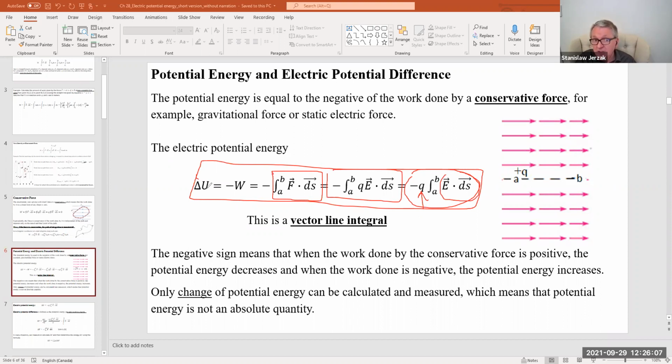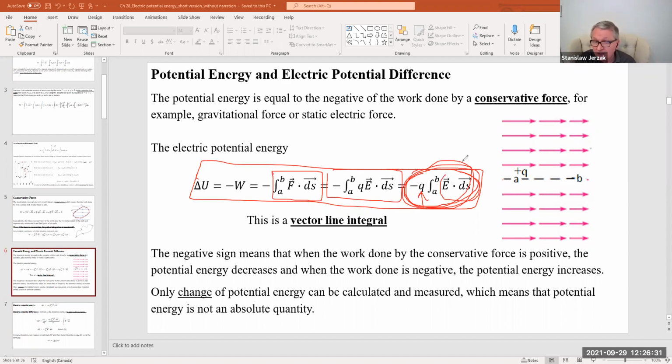So the change of potential energy, as you see, depends on Q, on how large the charge is which you move, in terms of the amount of charge, not the size. So that's how you calculate the change of electric potential energy in general when the charge moves from point A to B along any path.